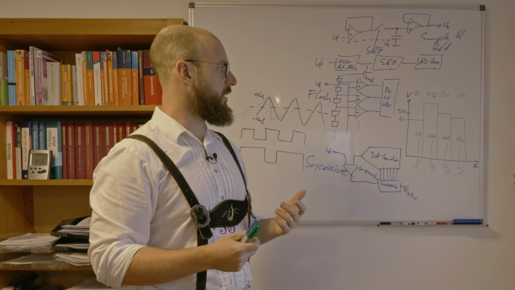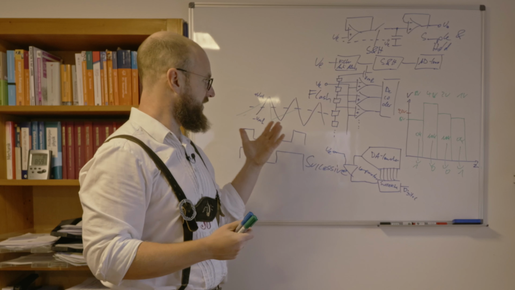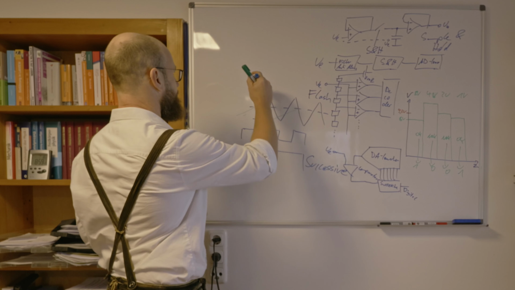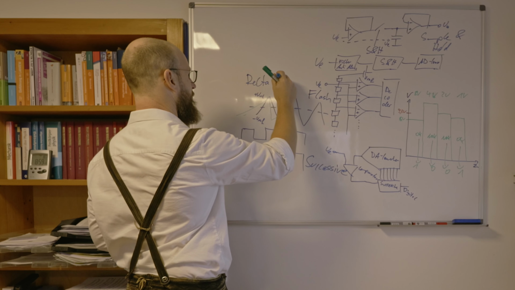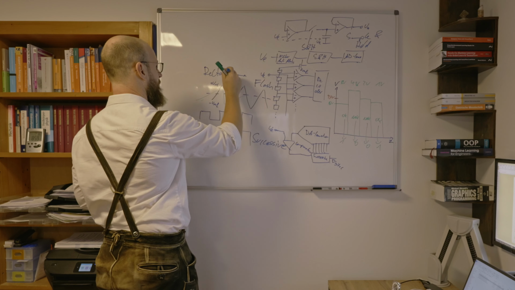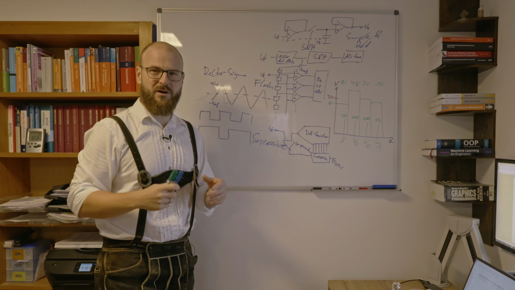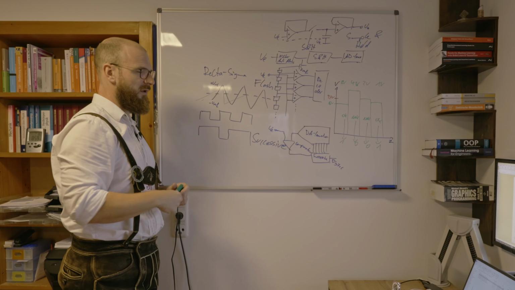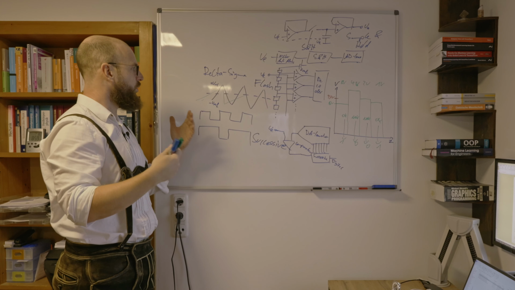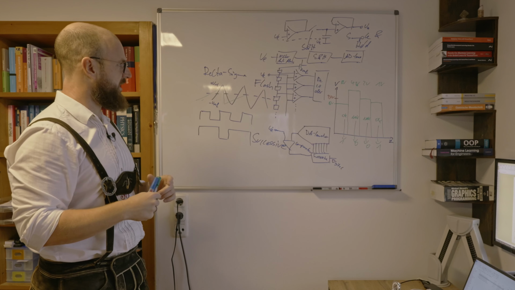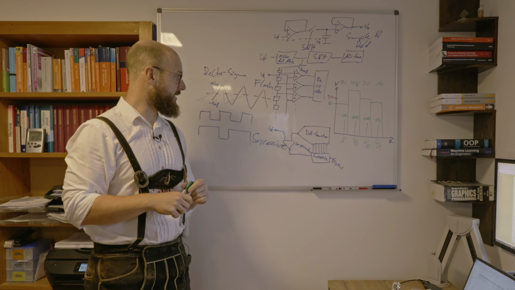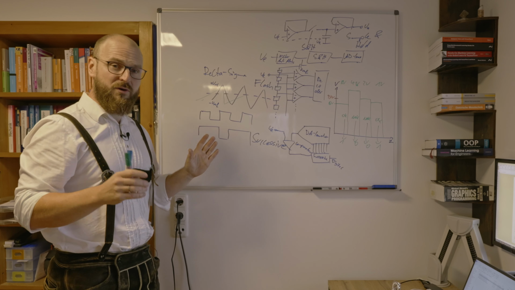The advantage of this delta sigma converter is not that it's very fast, because you see there's some timing involved in the whole working scheme of that AD converter, although it's fast enough.